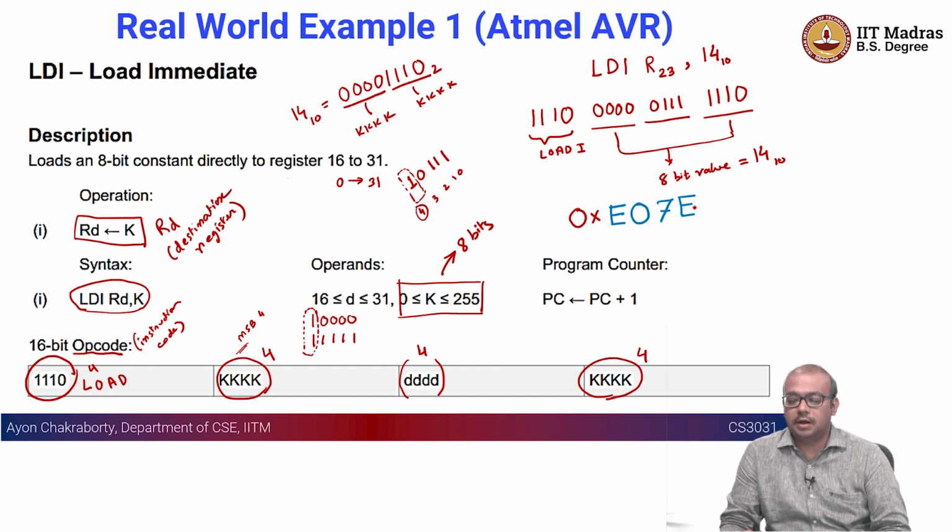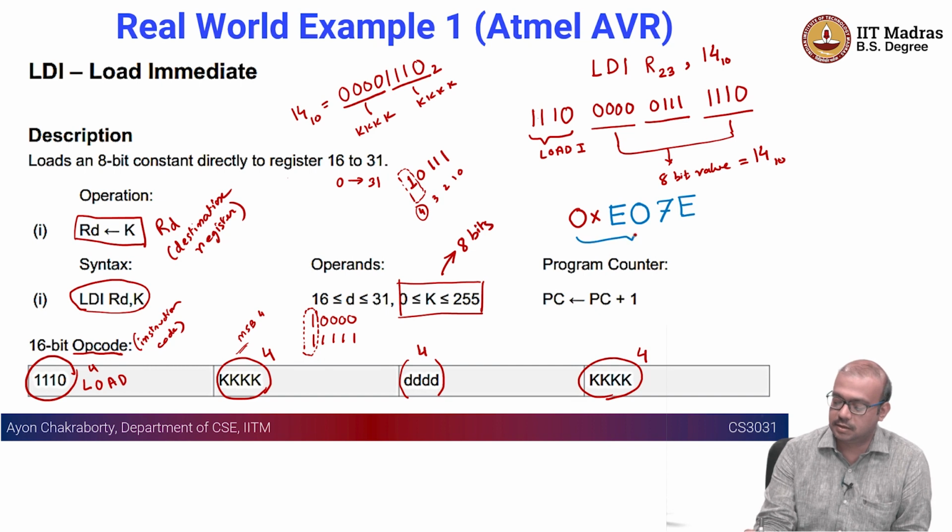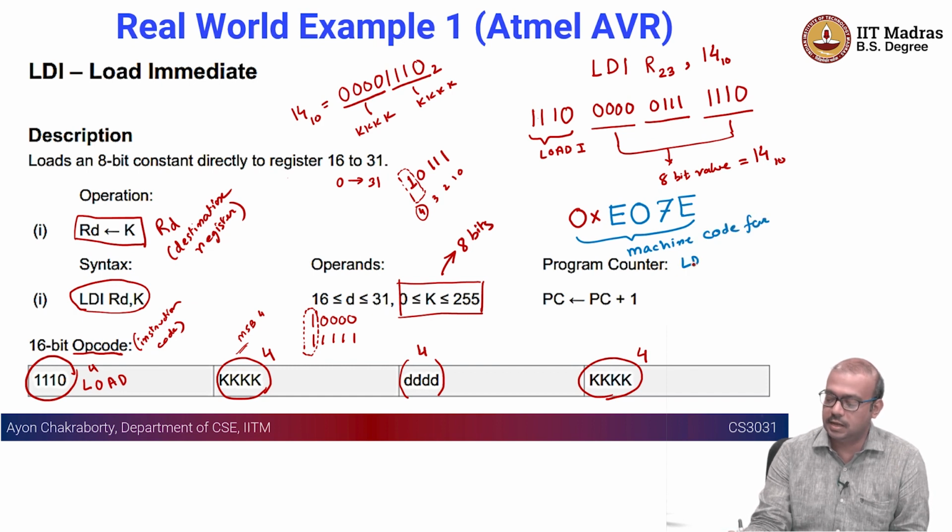This is how assembly level code is converted to machine code. So this is the machine code for LDI R23, 14.